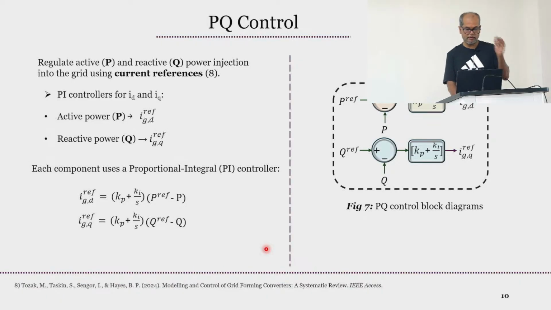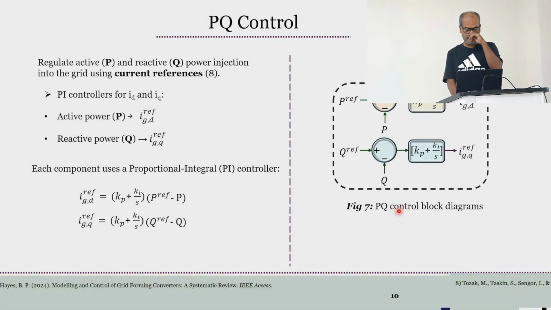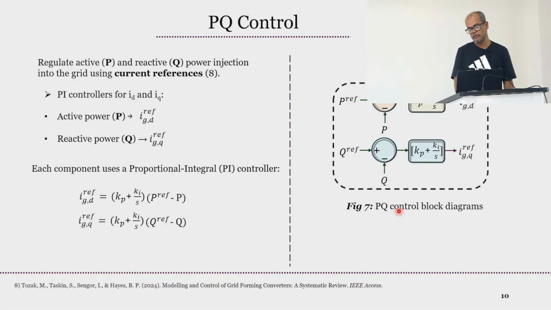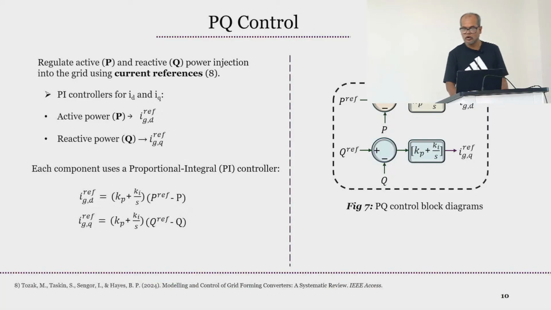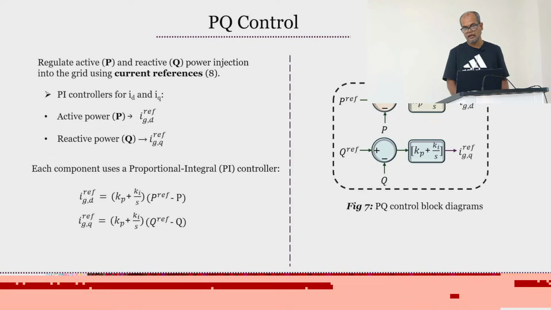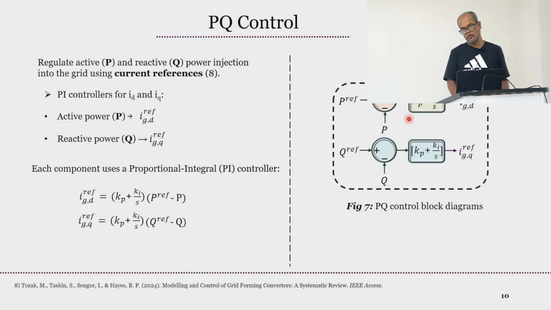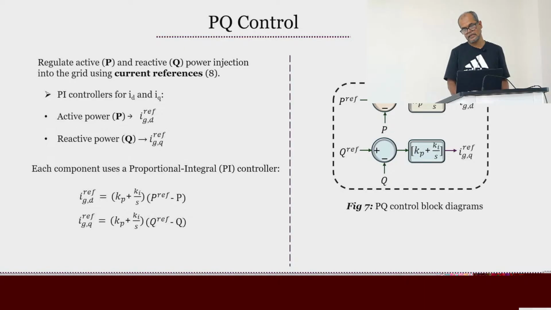PQ control is mostly simple PI control. As Dr. Animesh talked about yesterday, both proportional and integral have their own control purpose. One tries to reduce the steady state error, and the other tries to manage overshoot and settling time.